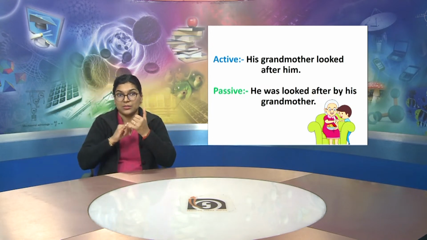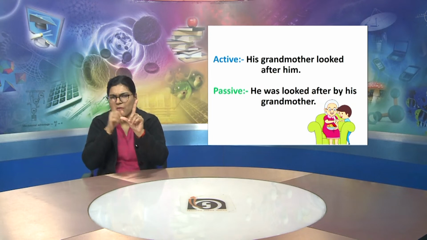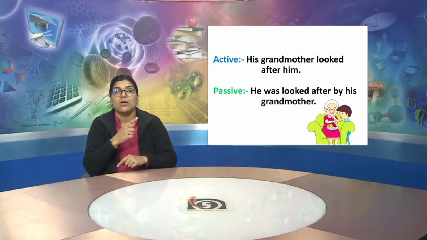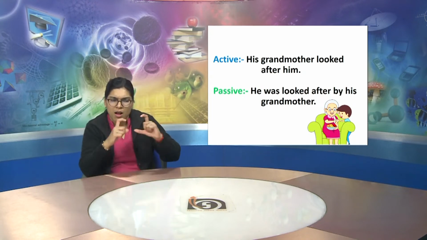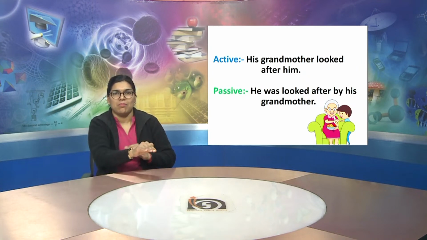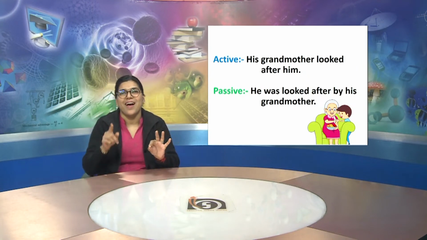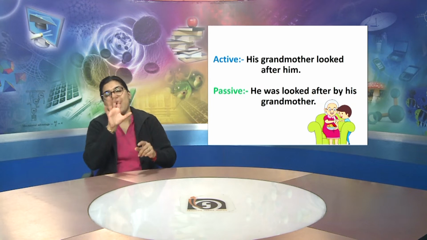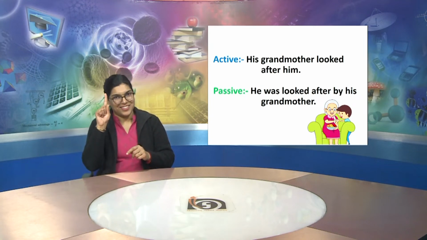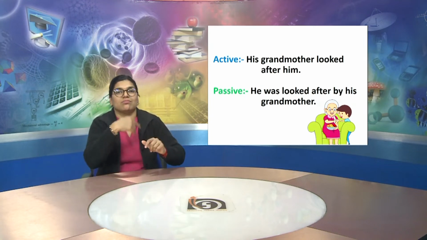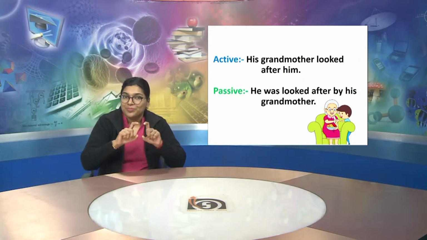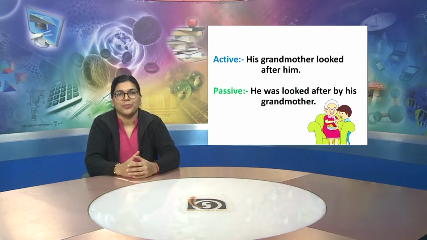In the passive statement, you can see the word by is used here. Now the statement would be, he was looked after by his grandmother. So it is very simple. Who was taking care of the boy? It was the grandmother.